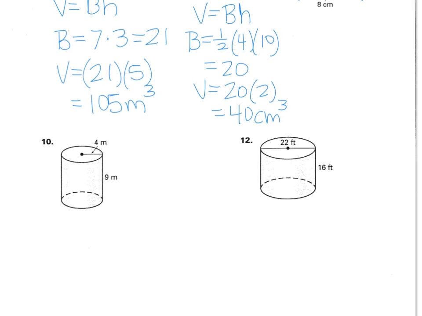So a cylinder. Volume of a cylinder is pi r squared h because its base is a circle. So 3.14 times the radius squared. Make sure you have the radius, that's important. So if you're given the diameter, you must find the radius.